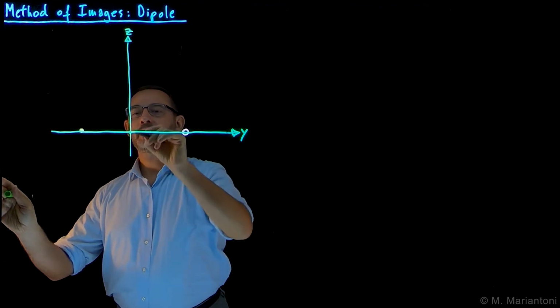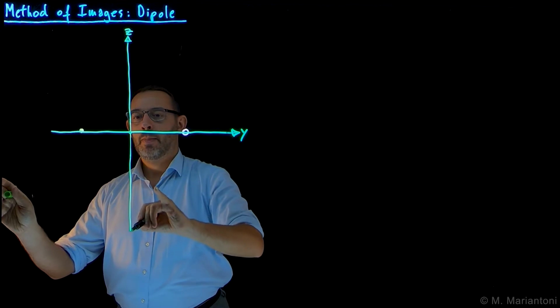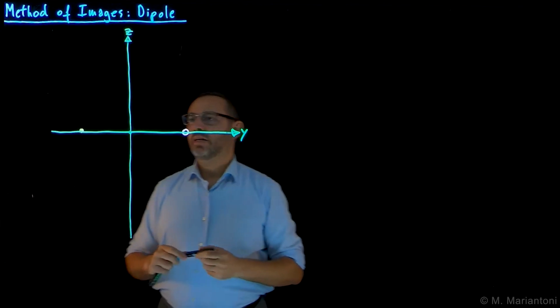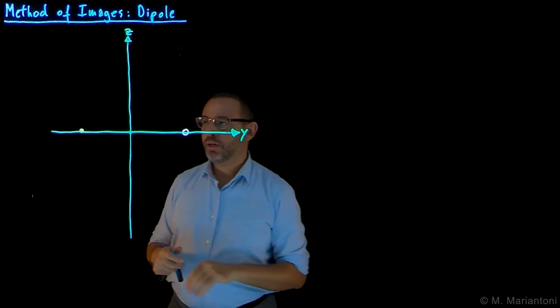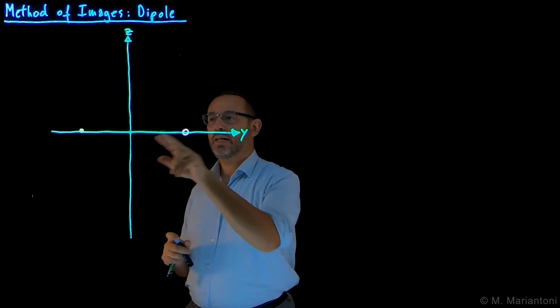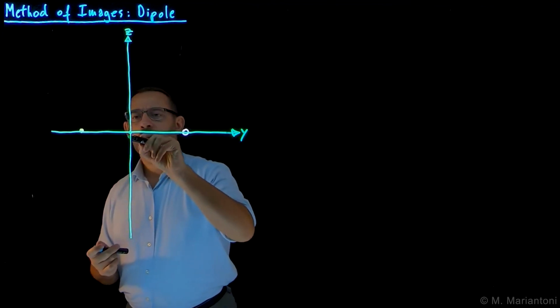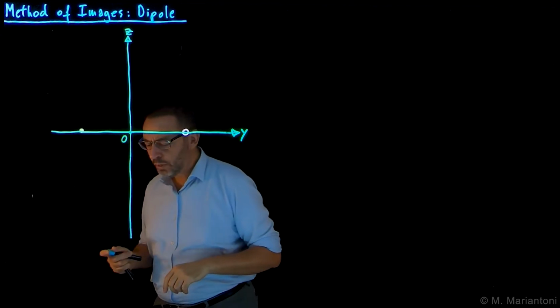So this is my z-axis. I will not sketch the x-axis for simplicity. Therefore, the distance between these two charges is D, and I'm going to write down the points in this coordinate system, not to overcrowd this sketch. This is the origin. That's the only thing I'm going to write down here.